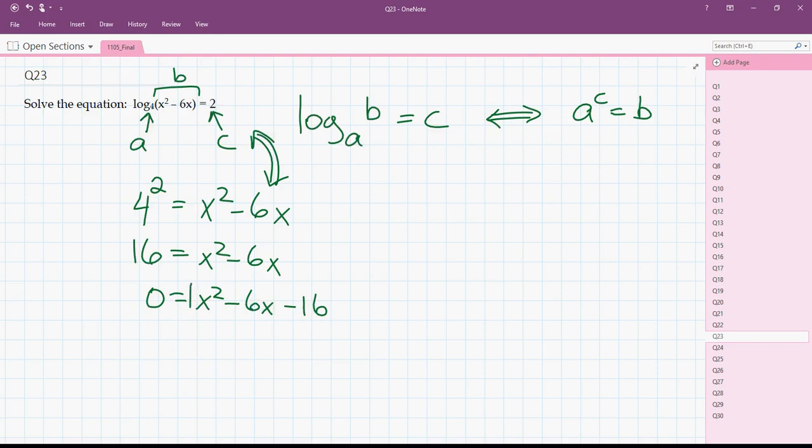So we have a 1 here implicitly. So 1 times negative 16 is just equal to negative 16. And we see what can we do to make negative 16. So we have 1 and 16, 2 and 8, 4 and 4, and that's about it. But we have to find a way to get to negative 6. So I would do positive 2 minus 8.